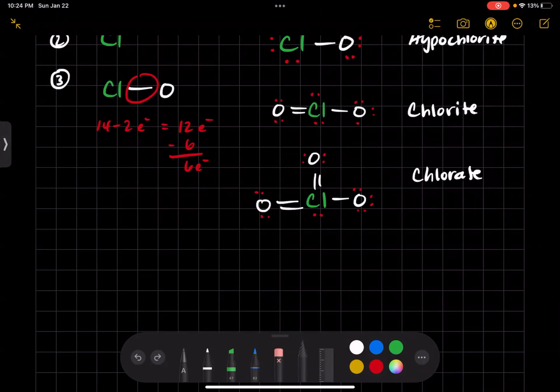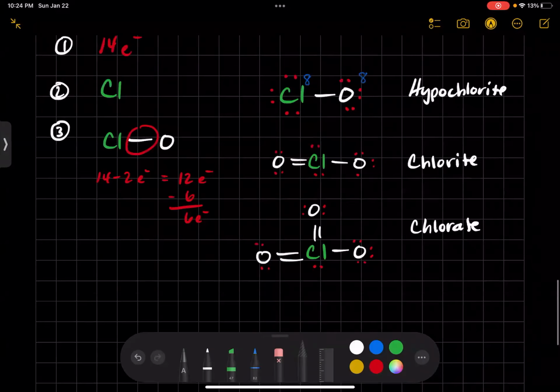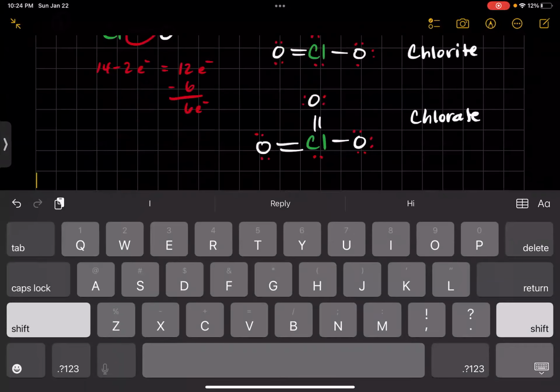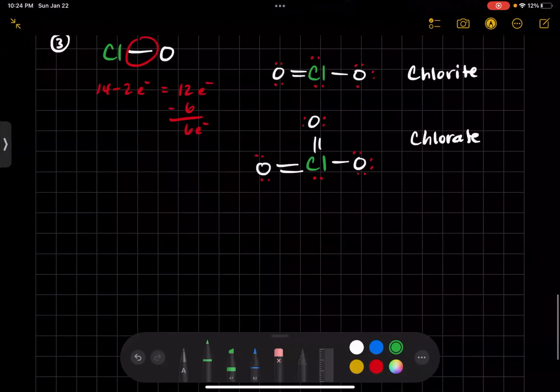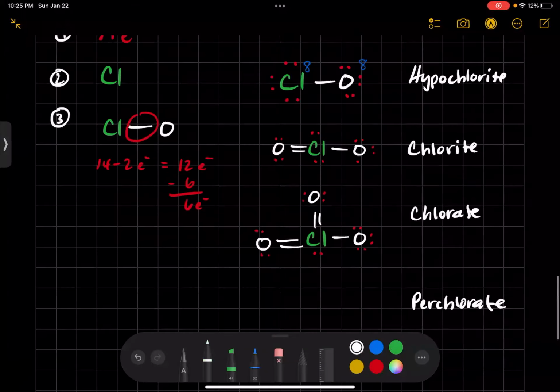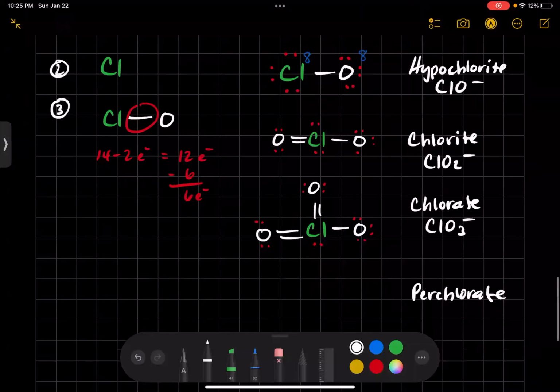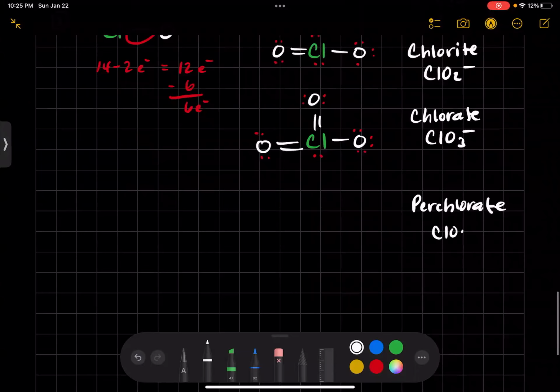Chlorine has another negatively charged oxyanion that it can form. The oxyanion just means anions when it's bound to oxygen, and that's perchlorate. So hypochlorite is ClO minus, chlorite is ClO2 minus, chlorate is ClO3 minus, so perchlorate is ClO4 minus.